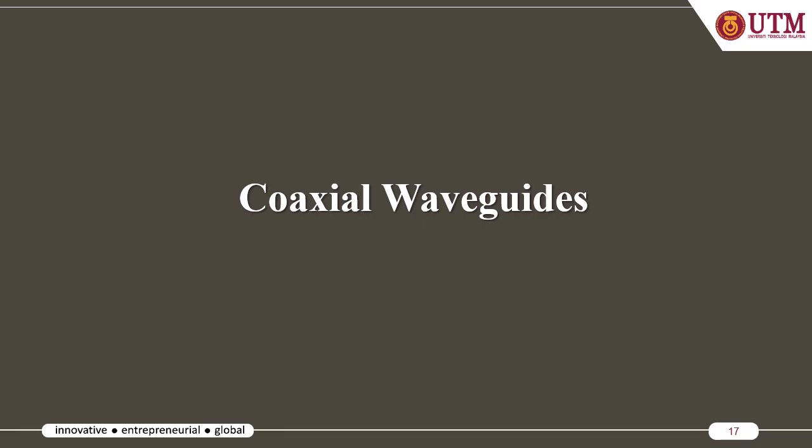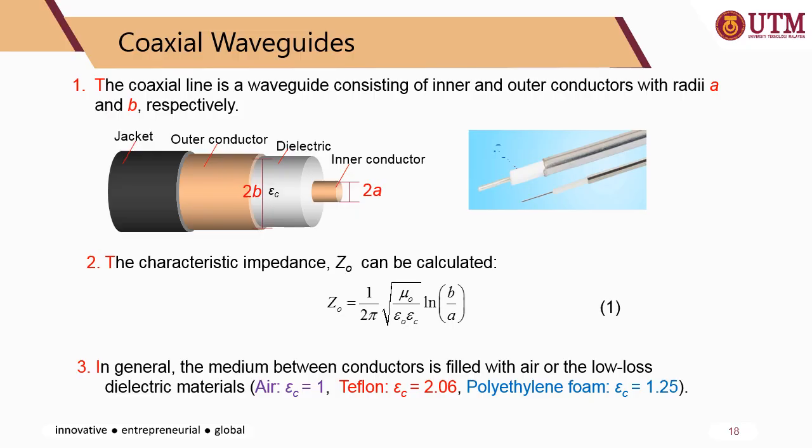Okay, next we are about to look at the coaxial waveguide structure. I believe that you are familiar enough with the coaxial waveguide. It's basically the coaxial cable that consists of inner and outer conductors with radius A and B, and you have the outer jacket, and the dielectric that separates the outer conductor from the inner conductor.